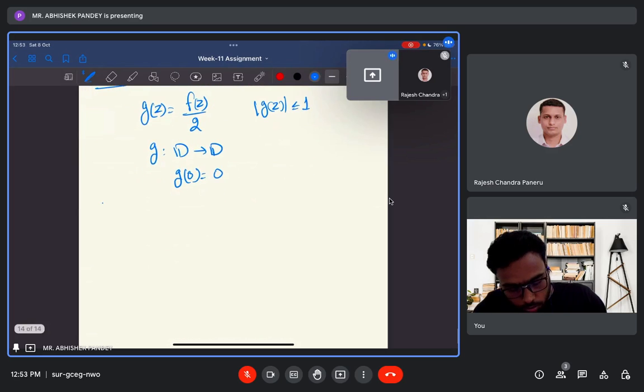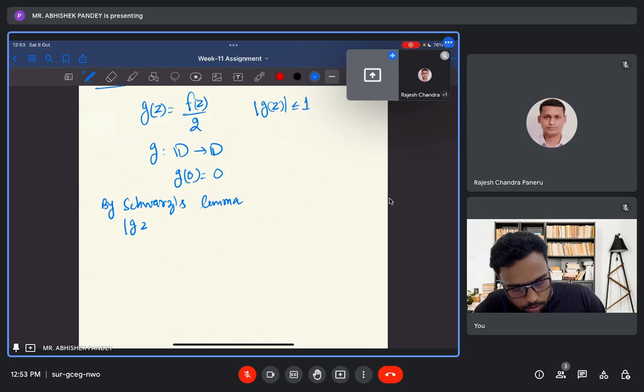So now by Schwarz lemma, modulus of g(z) is less than or equal to modulus of z.